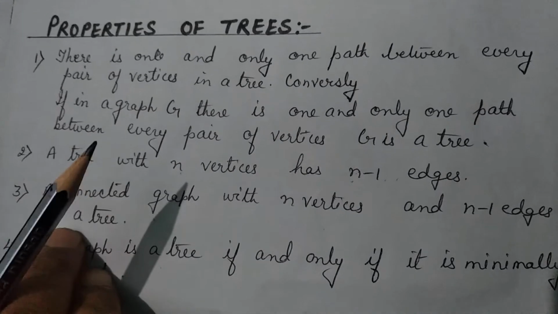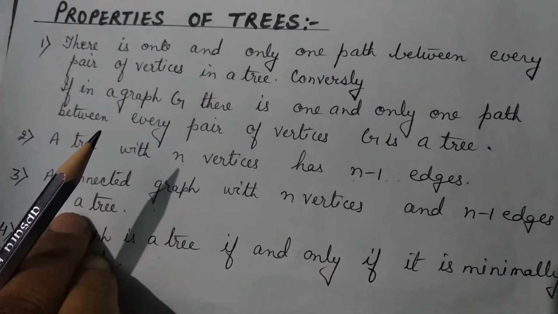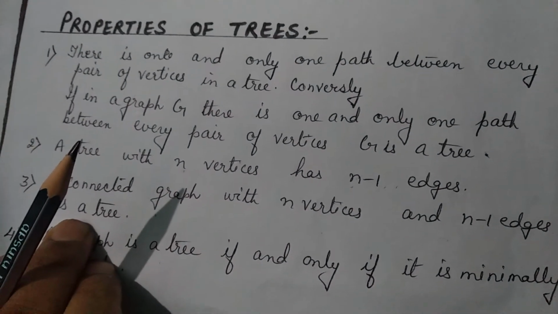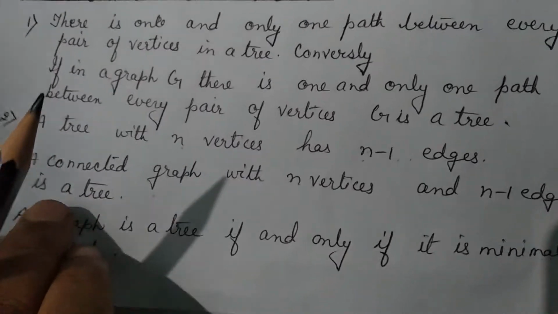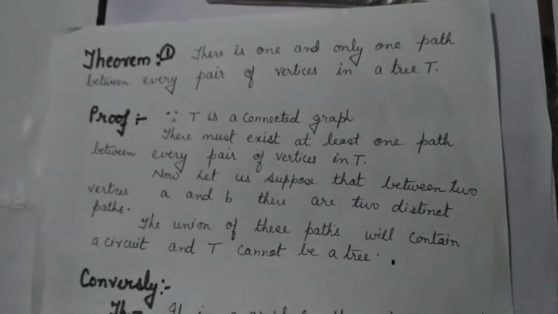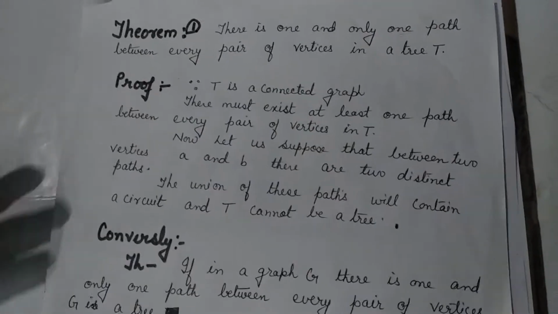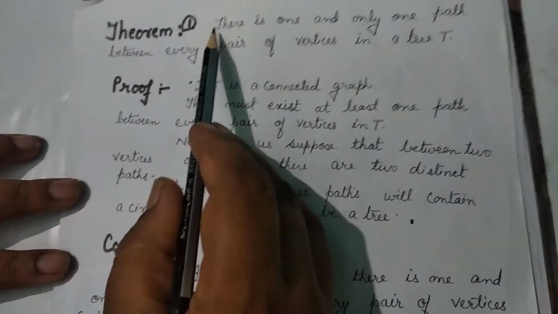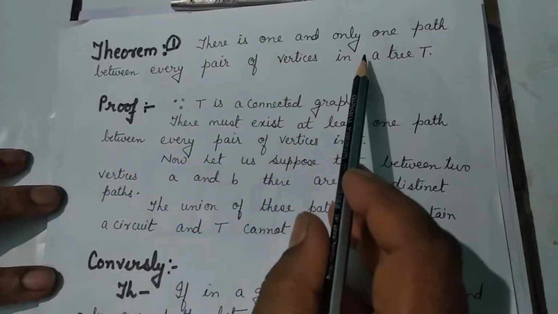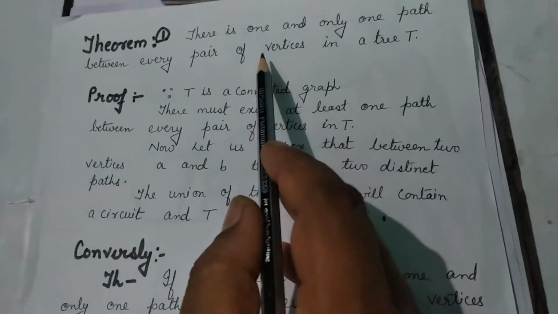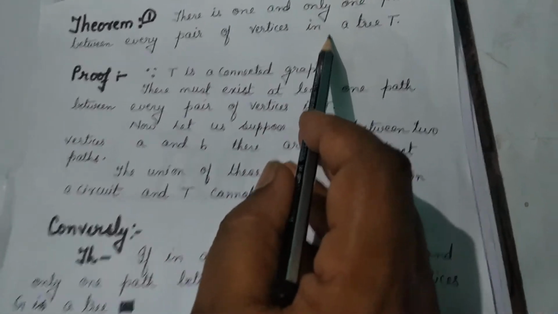So let us start with the first one, that there is one and only one path between every pair of vertices. So let us take it as a theorem. Theorem 1 or property 1. There is one and only one path between every pair of vertices in a tree.